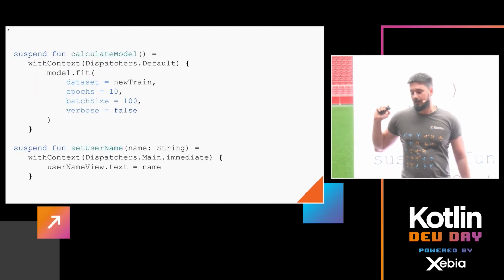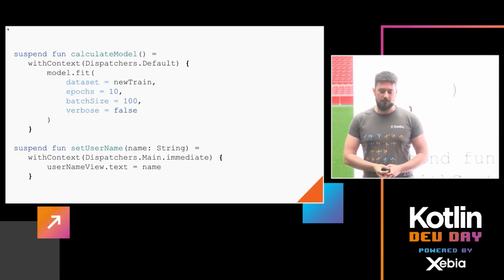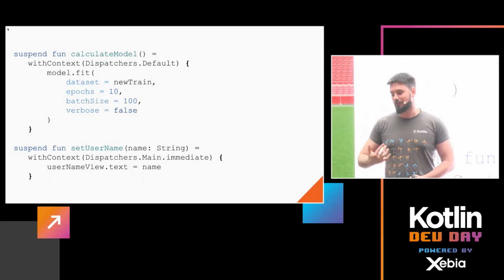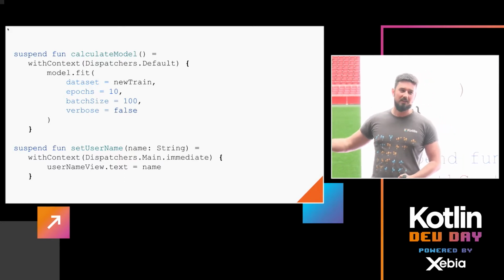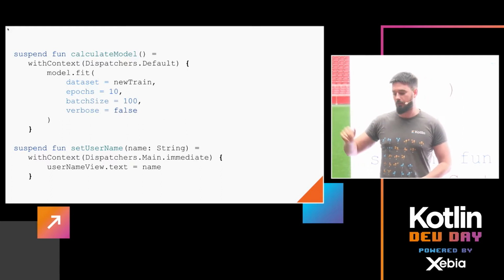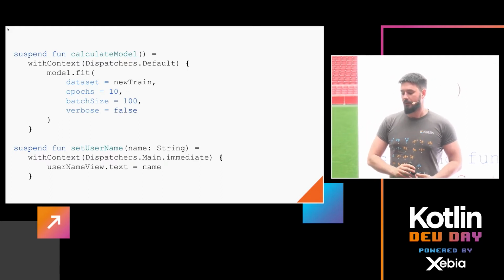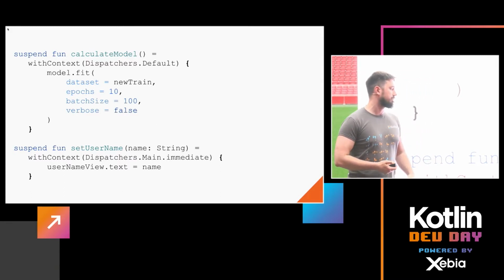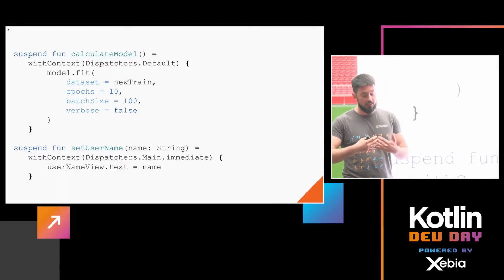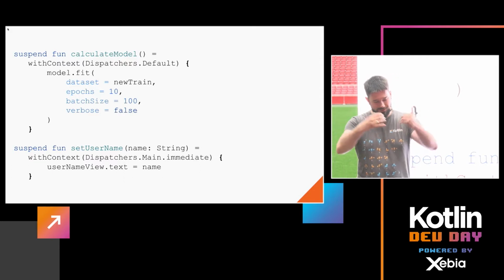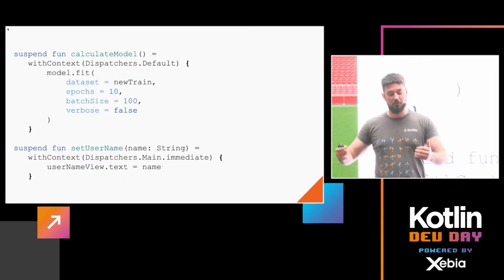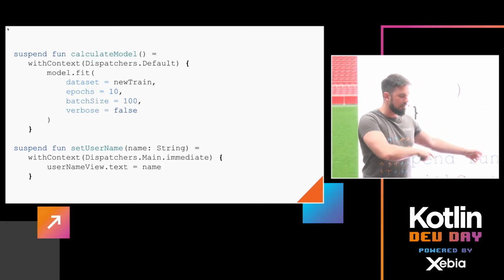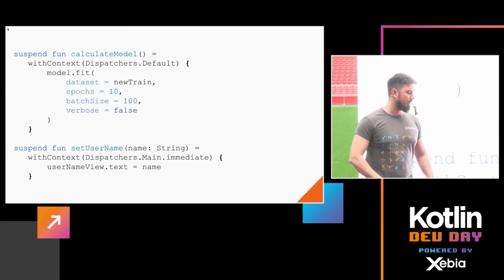The next thing is that if you have parts that are definitely CPU intensive, it's better to wrap it with dispatcher's default. If it is already in dispatcher's default, no worries, the cost of that is very small. And also if you need something on the dispatcher's main and it's a suspending function, and you are not sure, and you do not want all the users of your API to be worried that they call it on the main thread, you can wrap it with the dispatcher's main immediate.